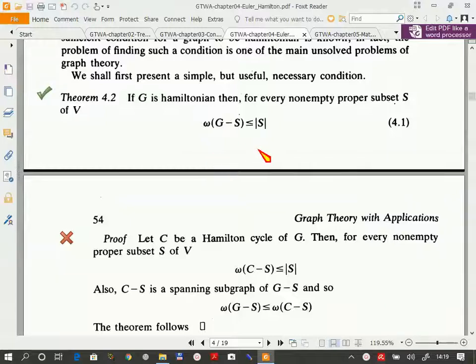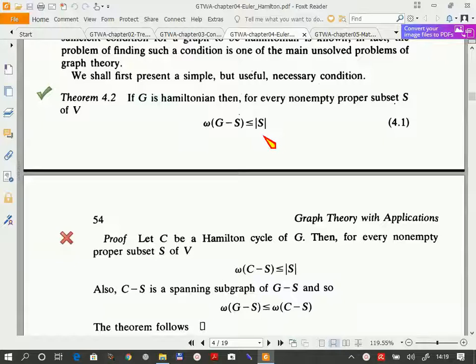If G is Hamiltonian, then this happens: for every nonempty proper subset S of vertices, if you take away from G those vertices and the incident edges, then the number of components of the resulting graph is less than or equal to the number of elements in S itself.